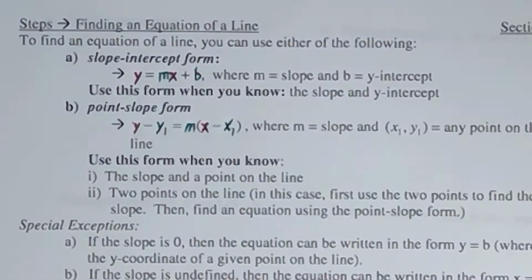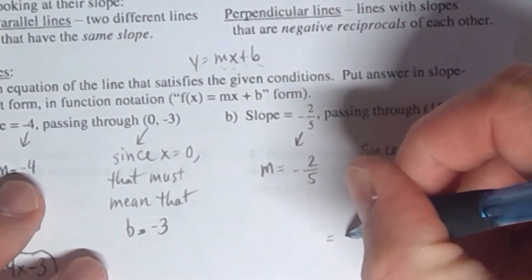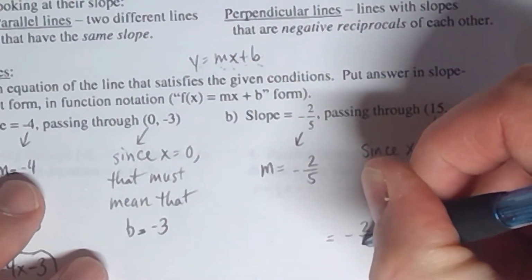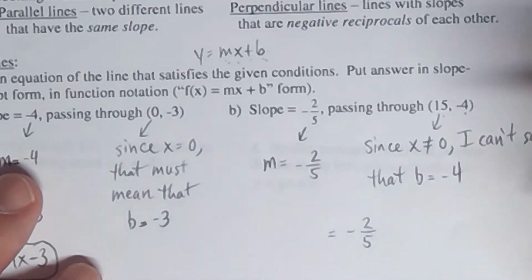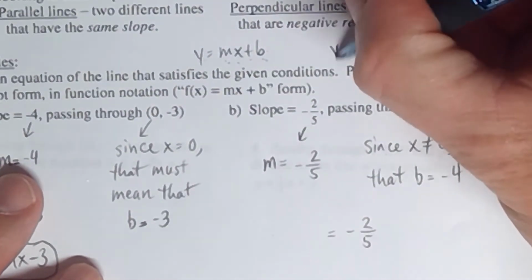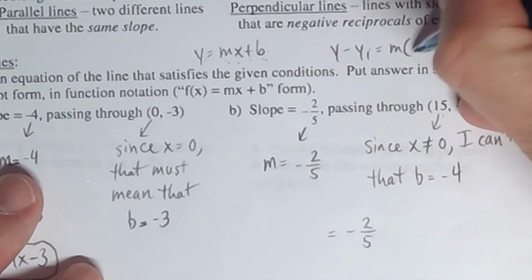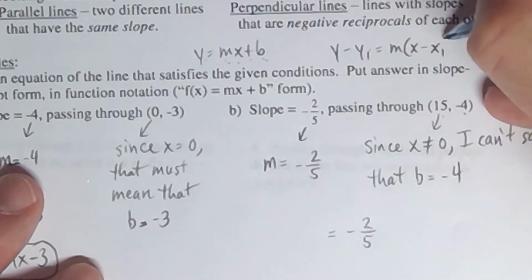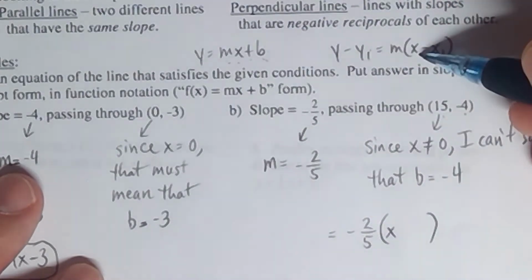Okay, so let's try that right now. So we're going to put -2/5 on the right-hand side of the equal sign there where the m goes. All right, and then I'll just write it right here so we can refer to it. And then I'm going to put the x right inside the bracket, just like up here.